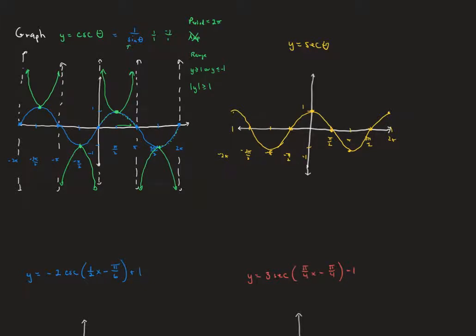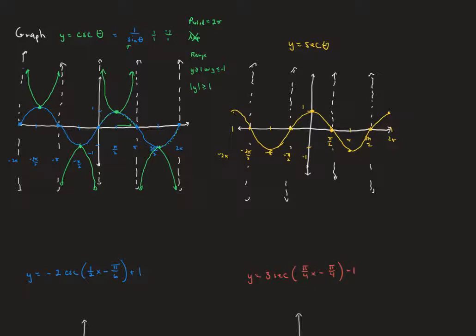Now as we saw before with the sine curve, when the cosine is 0, those x-intercepts are going to be vertical asymptotes for our secant curve. So you can see that it's at the odd multiples of pi over 2, whereas the cosecant curve has the vertical asymptotes at the multiples of pi.